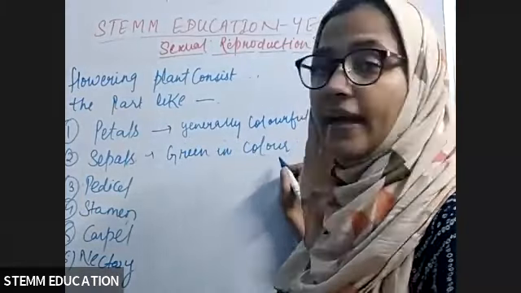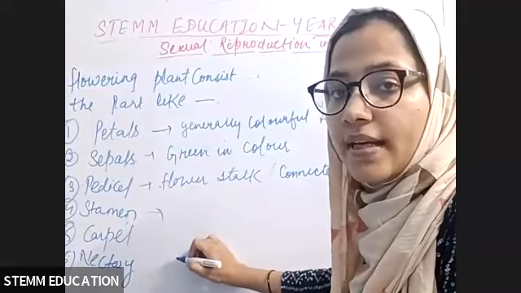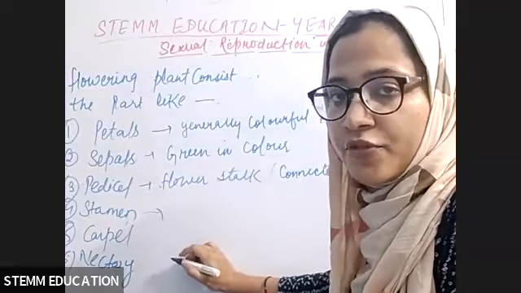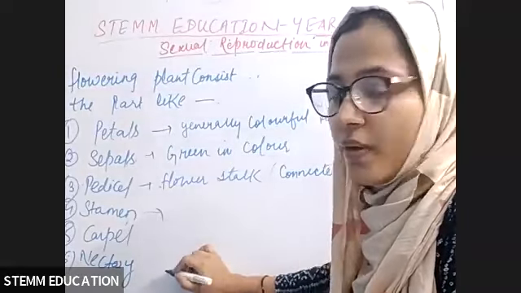Stamen is the male reproductive part of the plant. I've already drawn a picture that stamen consists of anther and filament.